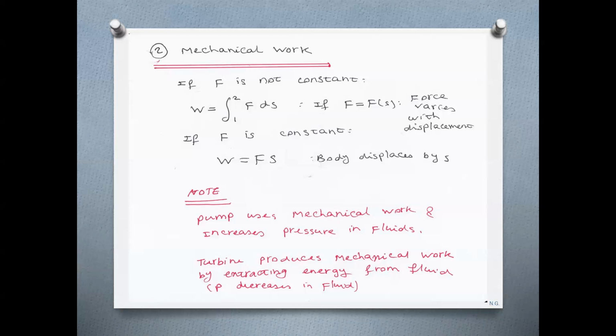For a turbine, however, it produces mechanical work by extracting energy from the working fluid. The fluid goes from inlet to outlet and works on the turbine blade. So the turbine extracts energy from the working fluid, and it is the fluid that works on the turbine.